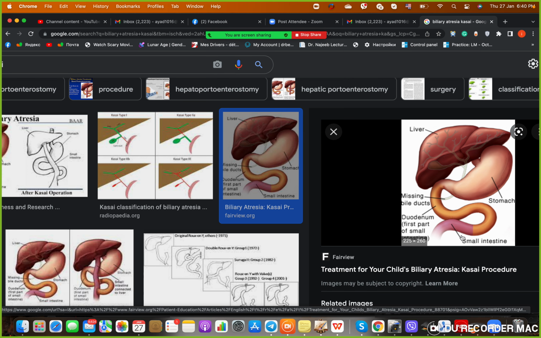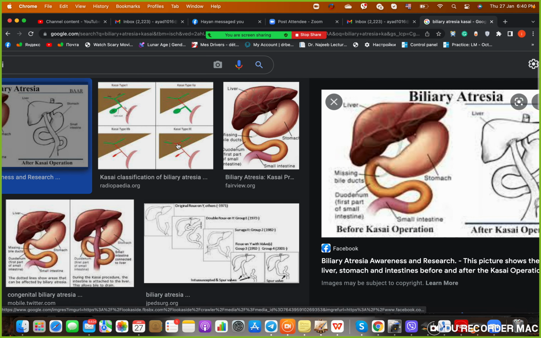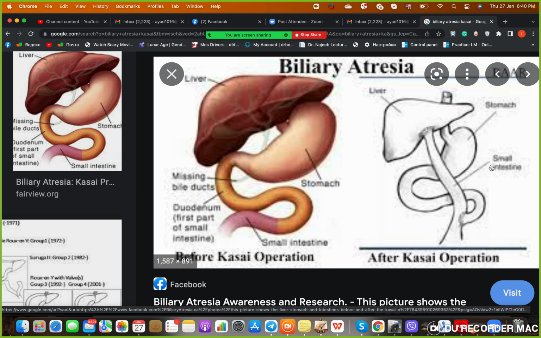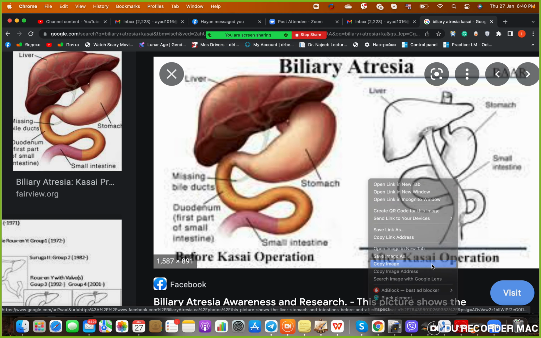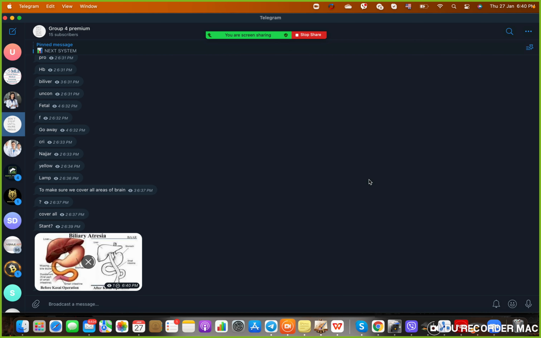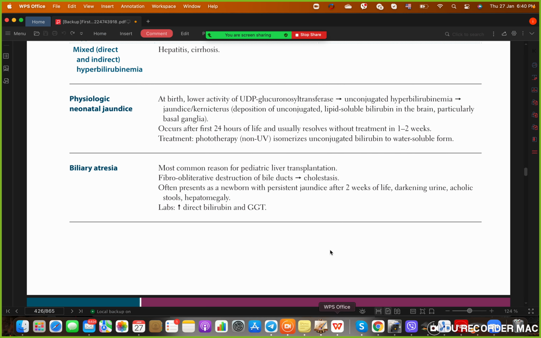You are going to cut this and take the small intestine, attach it to the liver, and then take the duodenum and attach it again to the alimentary tube, which is the small intestine. This is the Kasai procedure, and it's used for the treatment of this condition, biliary atresia.